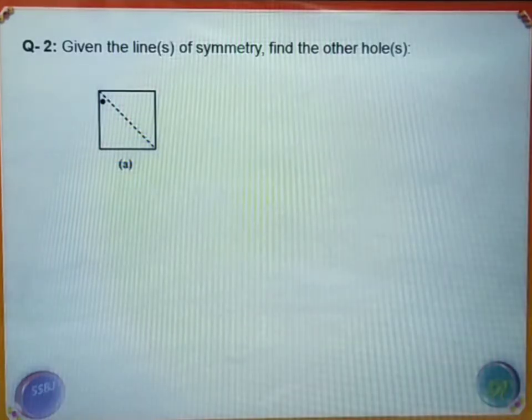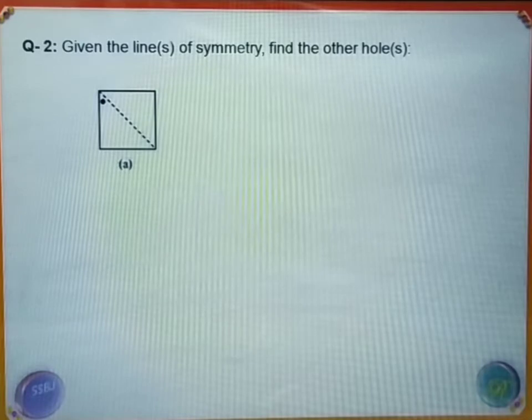Second question. Given the lines of symmetry, find the other half. A. Solution.